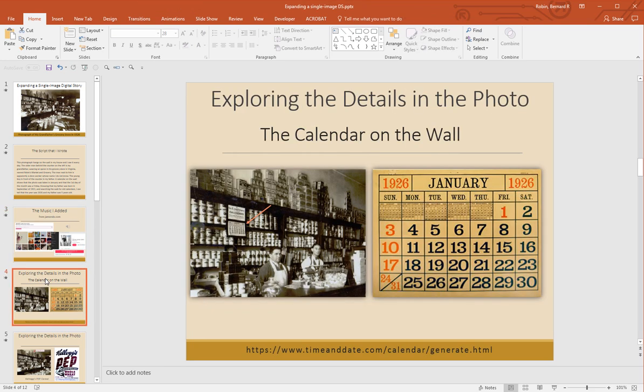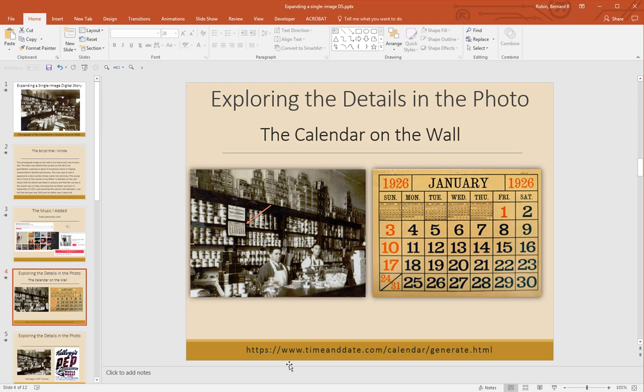But then what I wanted to do is explore the details in the photograph to see where I could add these educational components. And one of the first things I did was I looked at the calendar on the wall where you could see the days of the week, but you could not tell what year it was. And the year was not visible in this photograph, even when I zoomed in on it.